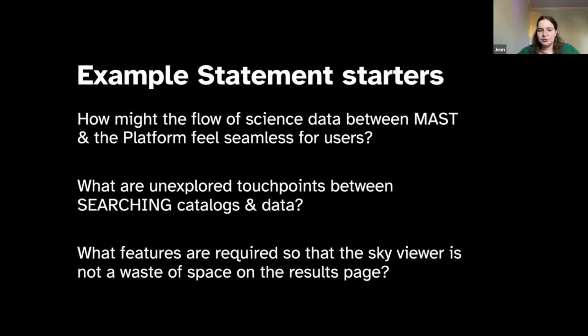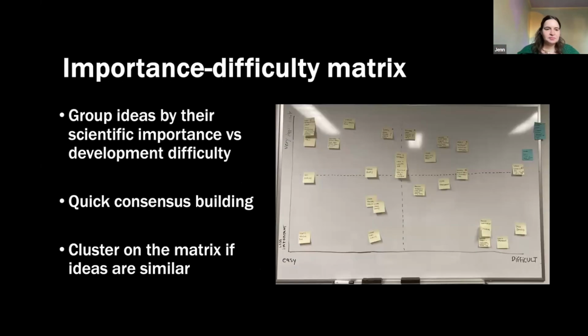What are unexplored touch points between searching catalogs and data? You see searching was in all caps. I was changing the word for each prompt. And then the final one is what features are required so that the Sky Viewer is not a waste of space on the results page. So these are little prompts to help people come up with ideas.